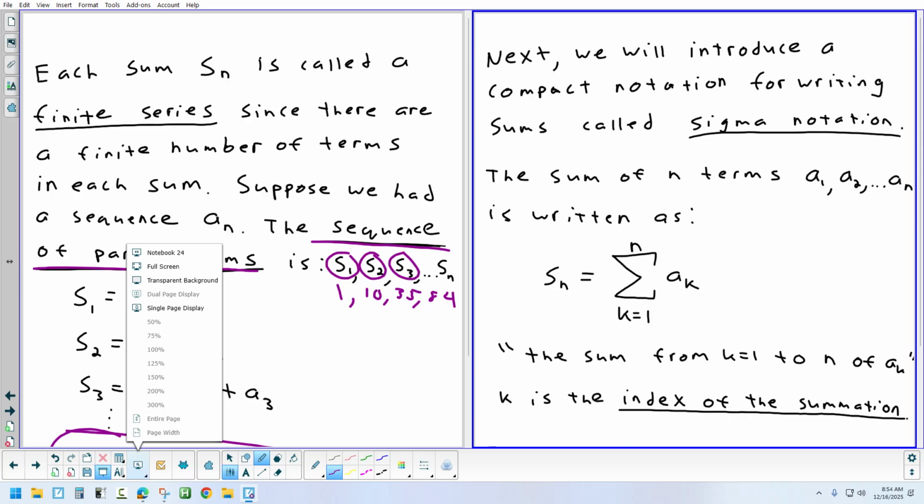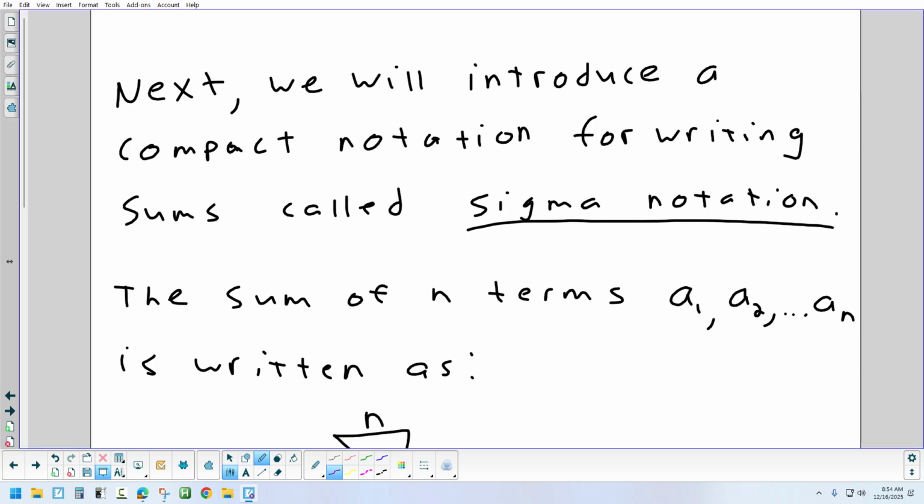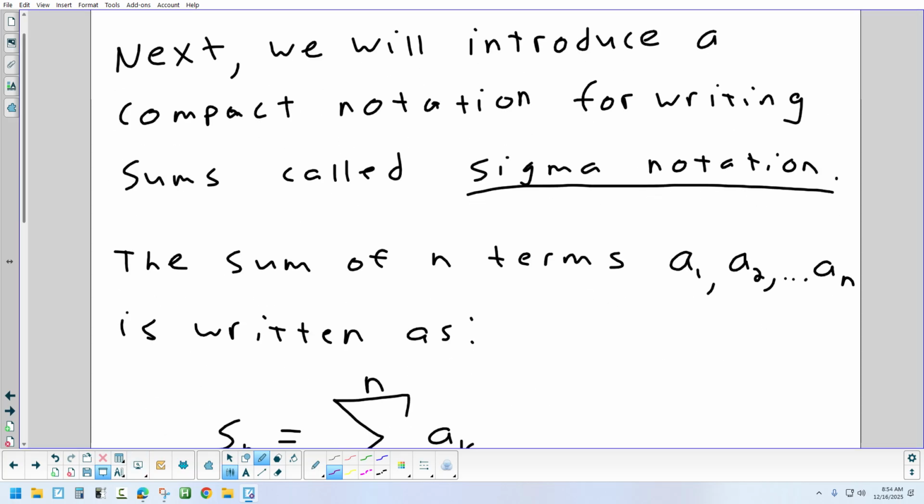We're going to look at something that's called sigma notation. Okay? Sigma notation is a quick way for writing down adding up a bunch of numbers. Okay? The downside of this is it doesn't actually give you a fast way to add up the numbers. It just gives you a fast way to write down that you want to add up the numbers. That's all that it does.